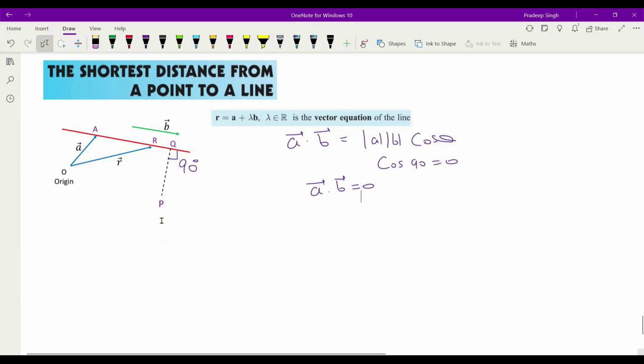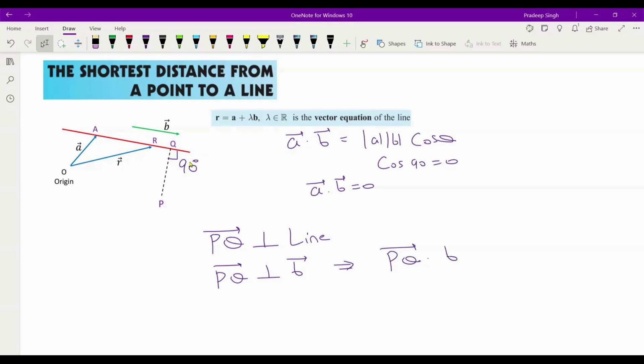So in this particular case, we will consider PQ as one vector which is perpendicular to the line. Now B is the vector which is parallel to the given line. Hence, we can write that PQ is also perpendicular to the parallel vector. Now, since the vectors are perpendicular, we need to take the dot product of both of them and put that equal to 0.